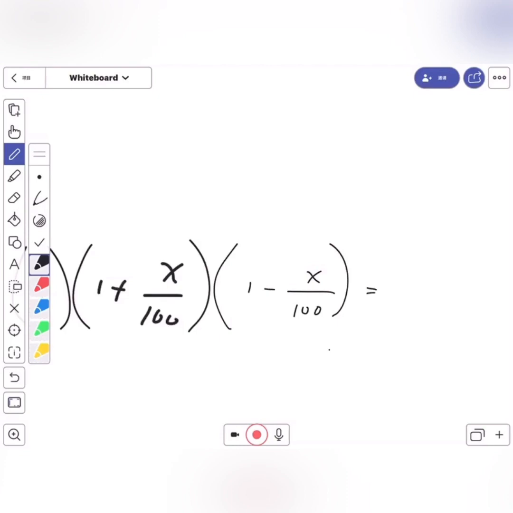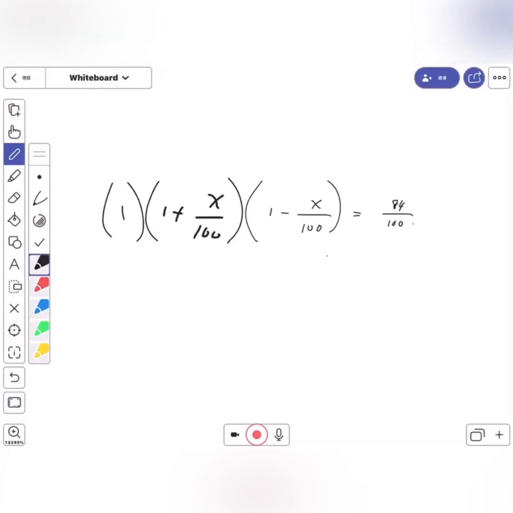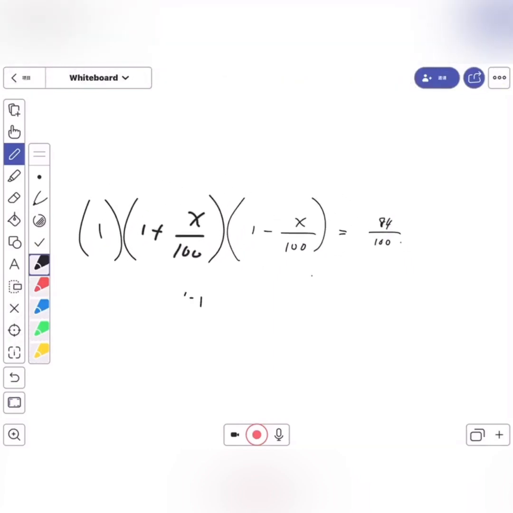And this quantity must be 84 over 100. So we have 1 minus x squared over 10,000 is equal to 84 over 100.